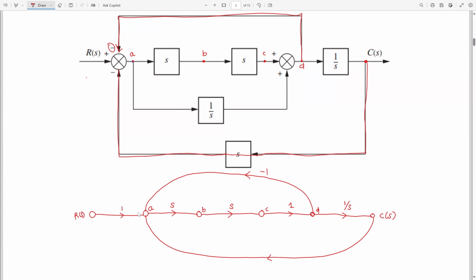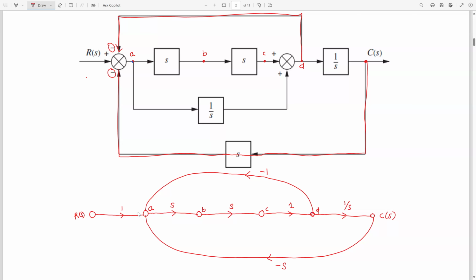right? And then the transfer function of this branch here is going to be -S because the transfer function of this block here is S, and then the input to the summing junction is minus. So when I multiply both of them, I get -S, right? And it makes sense because we have this branch moving into this node, and this branch moving into this node, and this branch moving into this node.